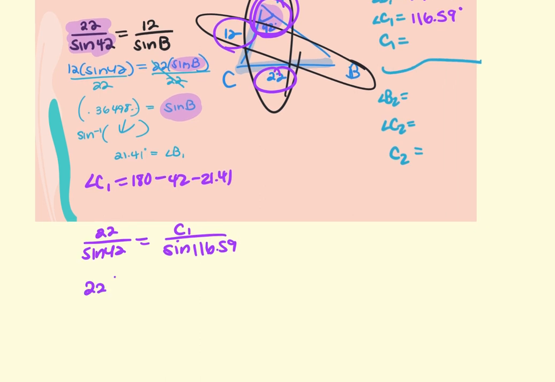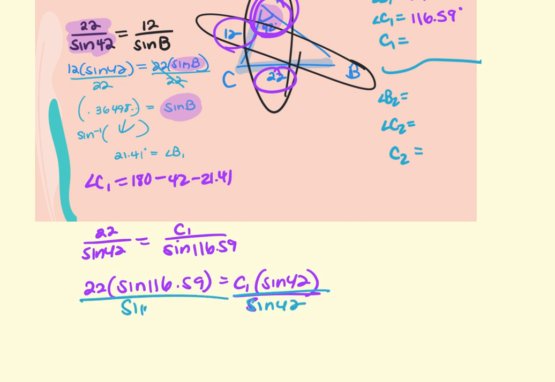And I get 22 times the sine of 116.59 equals C1 times the sine of 42. And this time I divide by the sine of 42. So 22 sine 116.59 divided by the sine of 42. And I get C1 is 29.40.